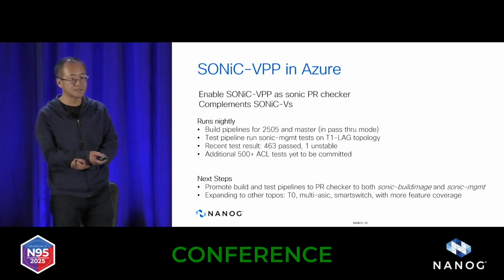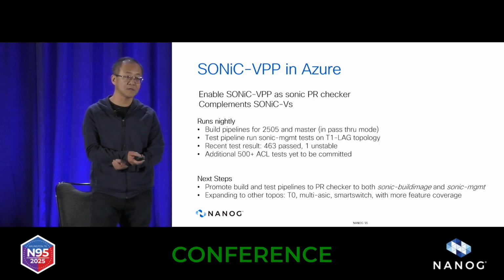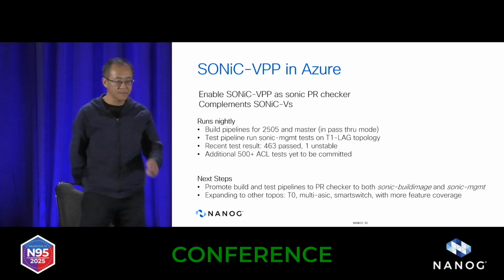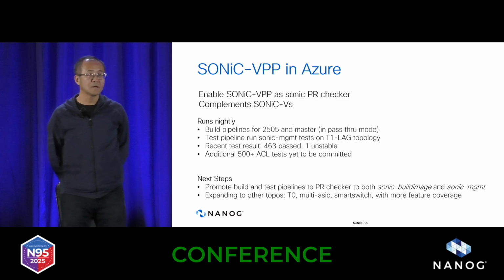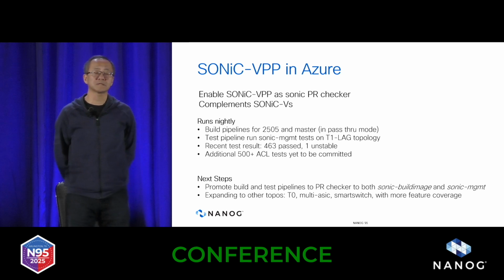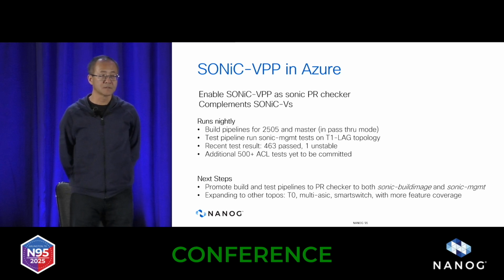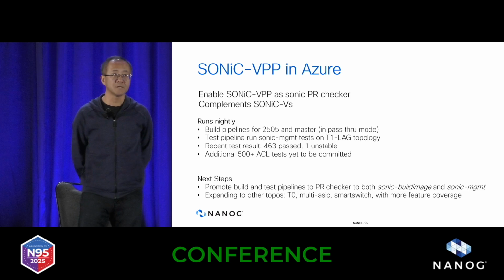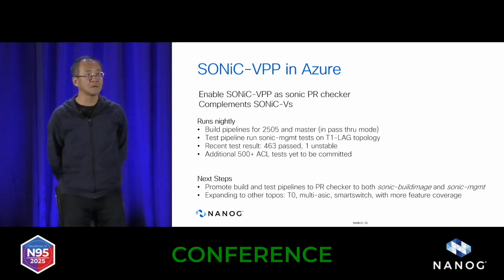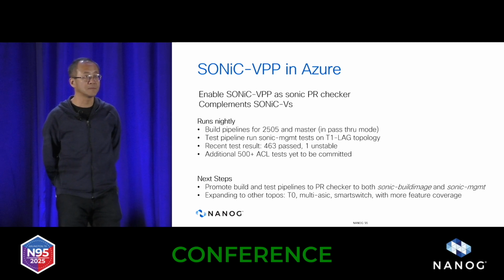Here's the status of SONiC VPP running in Azure. Our goal is to enable SONiC VPP as a PR checker to complement SONiC VS. SONiC VS does not have a real data plane. So many tests that require data plane features are either skipped or only run without traffic.